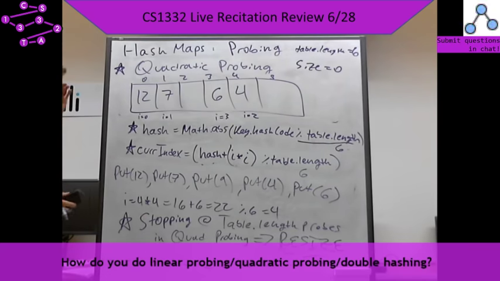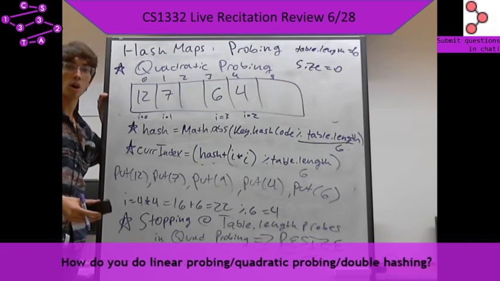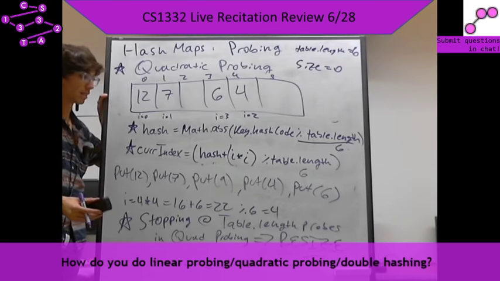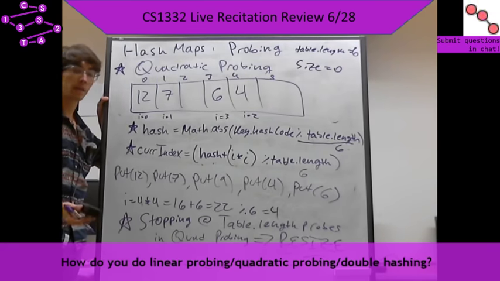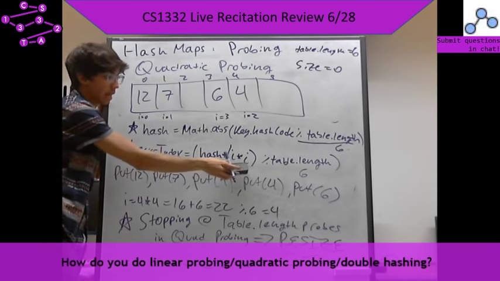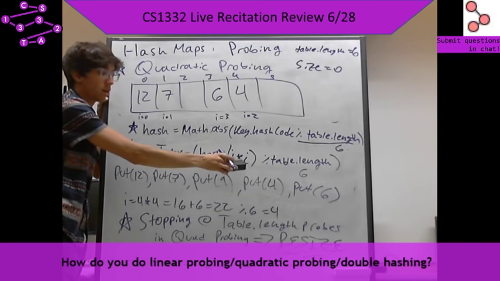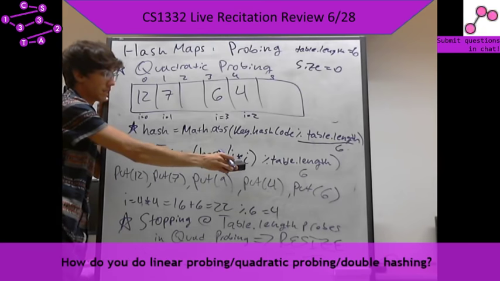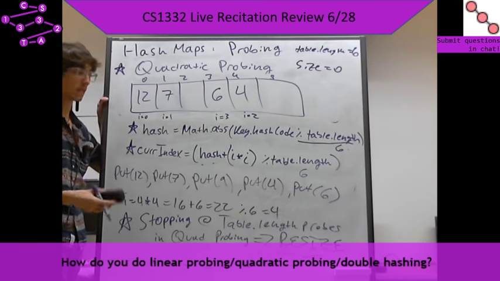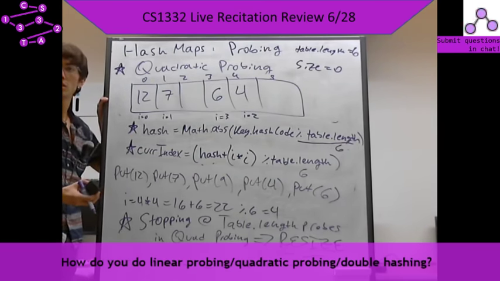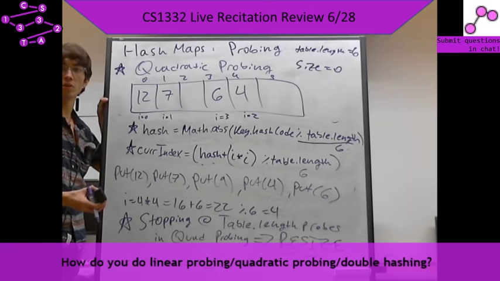So now, does anybody have any questions on quadratic probing? Does something not make sense here? I think the biggest mistake in this is really this I times I, right? So this number will be +1, +4, +9, +16, and so forth, right? It's I squared. Do we get any questions for quad probing?